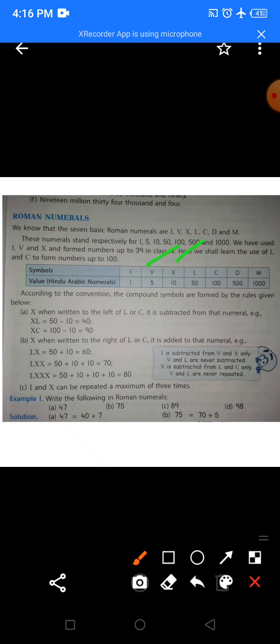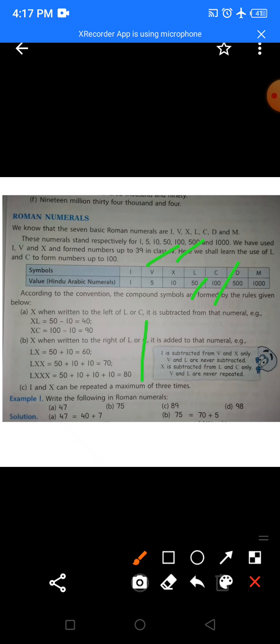10 is subtracted from 50 and 100 only. Okay, so 10 will be only subtracted from 50 and 100, means 10 जो है आप किससे subtract कर सकते हो? सिर्फ 10 और सिर्फ 50 और 100 से. Okay, so 10 you can only subtract it from 50 and 100.